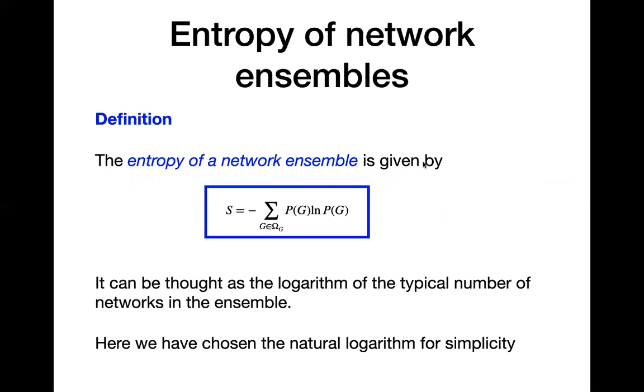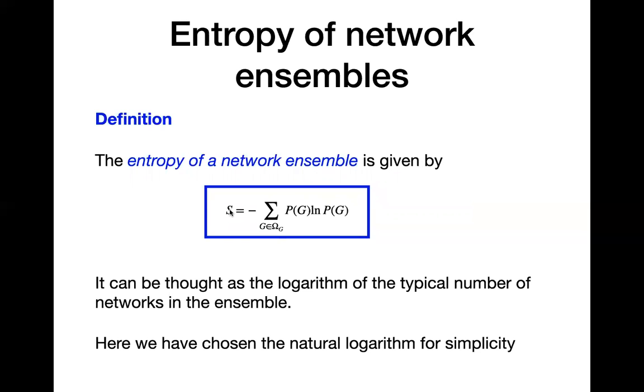As a reminder, of course, this is well understood at this point. The entropy of the ensemble is defined as the Shannon entropy constructed starting from the probability of having a given graph in the ensemble.